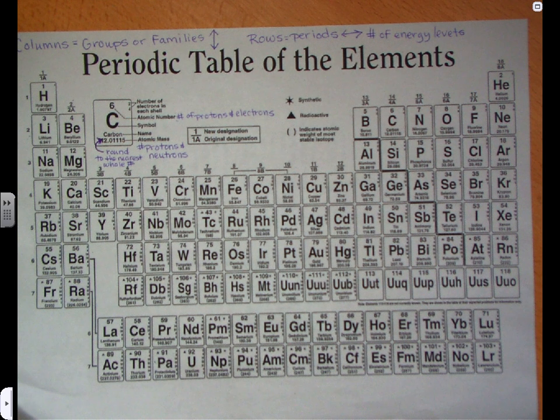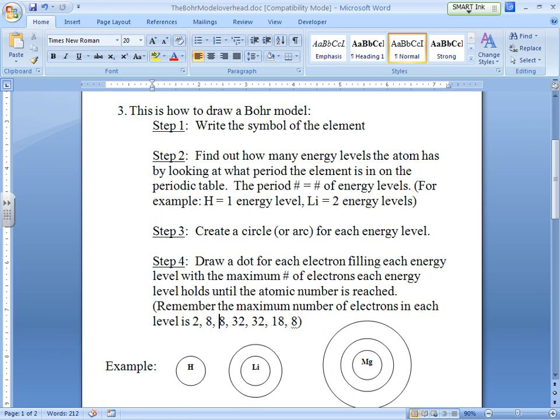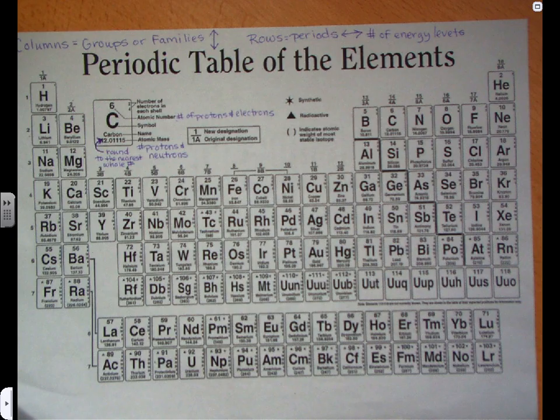So, let's pop over to this. You do not have to write this down. You are going to have to practice, but you don't have to write it down. The first thing you need to know is that when you're making a Bohr model, it has energy levels.